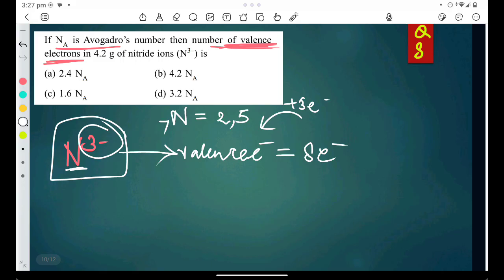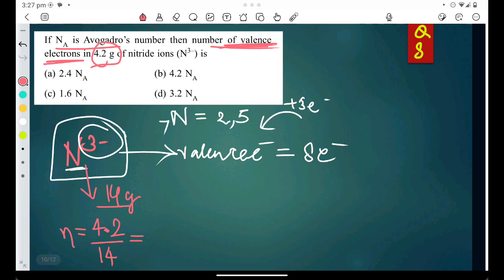Now in this much gram of nitride ion, I have to find the number, so what is the mass of nitride ion? What is the mass of nitrogen? 14 gram. Molar mass of nitrogen. So now I'm going to calculate mole using the formula: given mass, that is 4.2, divided by molar mass, and molar mass is 14 only.